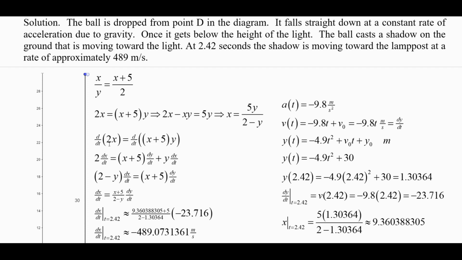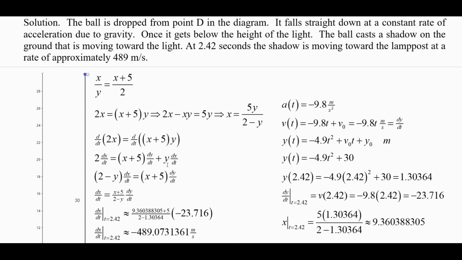Now let's see. Okay, so I took this version right here, and took the derivative of both sides with respect to t. The derivative of 2x is just 2 times dx over dt. Derivative here, I use the product rule. It's (x plus 5) times dy over dt plus y times, well, the derivative inside is 1 times dx over dt.